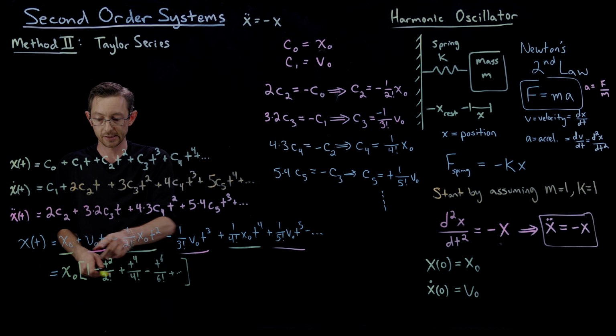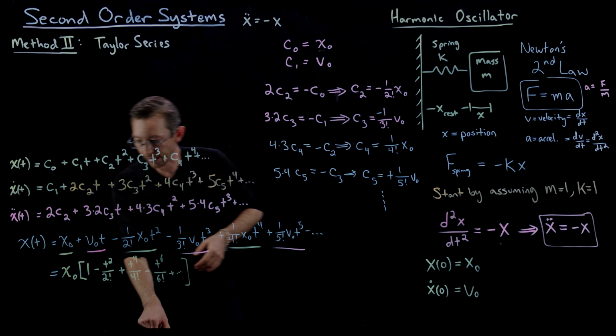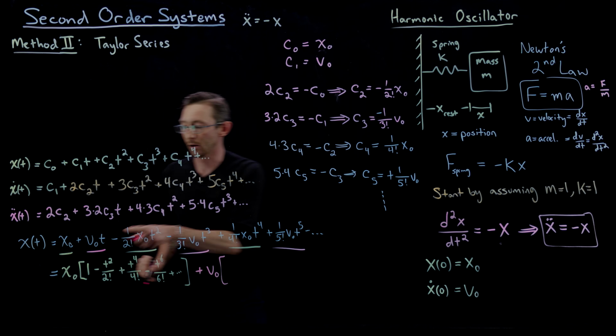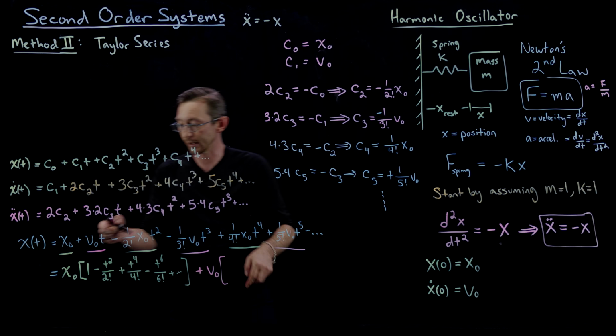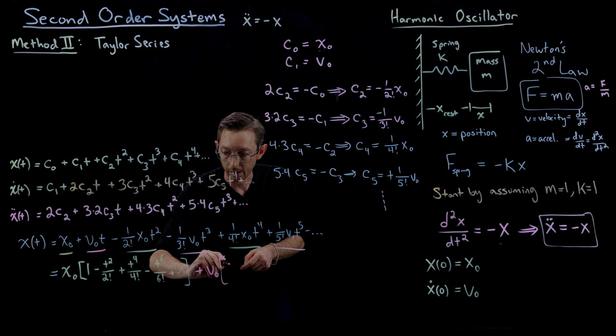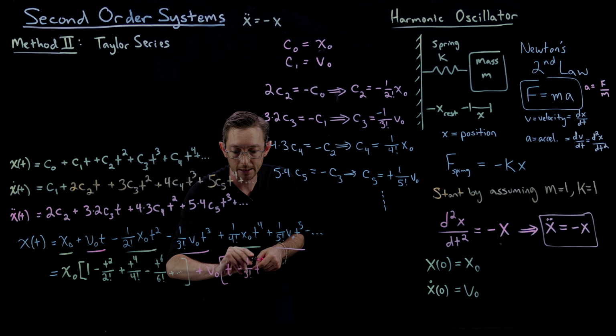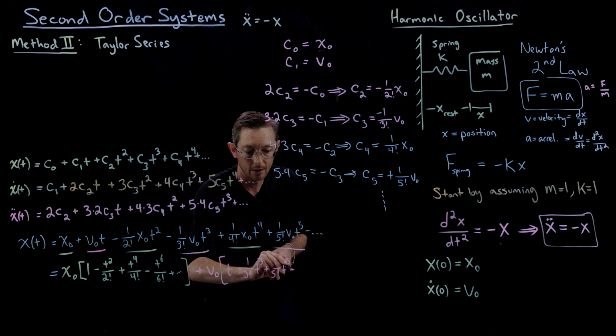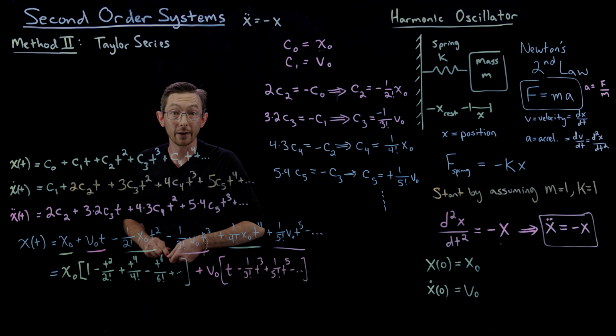That's all of my terms that are x naught. And then I'm also going to get plus v naught times all of these odd powers in t. So v naught times t minus 1 over 3 factorial t cubed plus 1 over 5 factorial t to the 5th, dot dot dot, forever and ever.